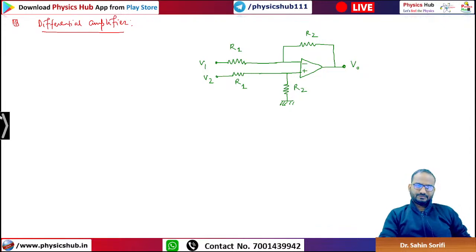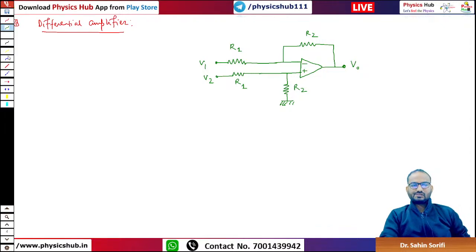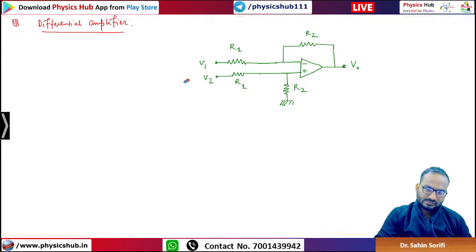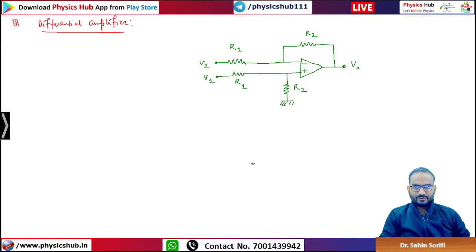Let's do the reverse thing. I am placing V2 above and V1 below. Now this is connected by some feedback resistance, so there will be virtual short. Look, virtual ground and virtual short.